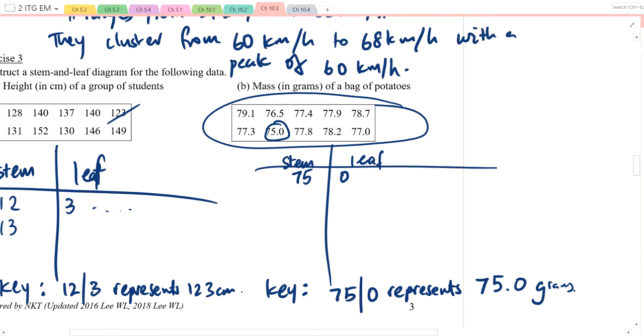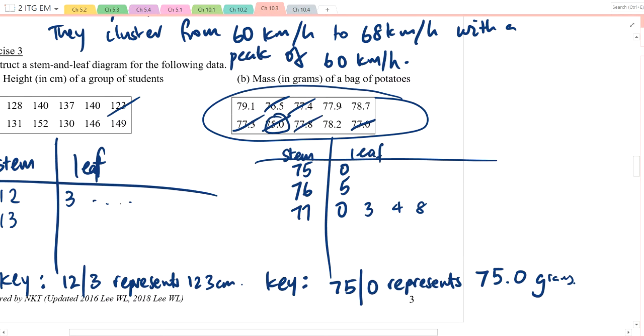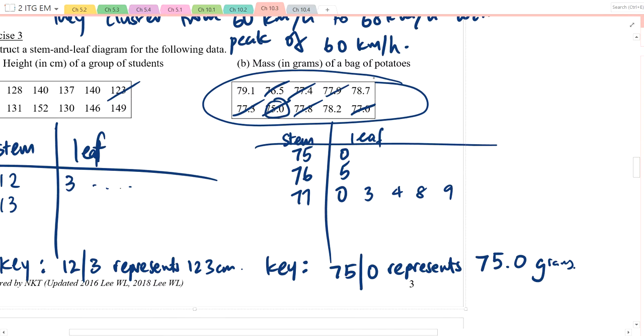So in this case, I don't have to put decimal points everywhere. So obviously the next one must be 76 and 5. So this is done, then 77 with 0, 77 with 3, then 4, then 8 and 9. Then you fill in the blanks yourself, okay?